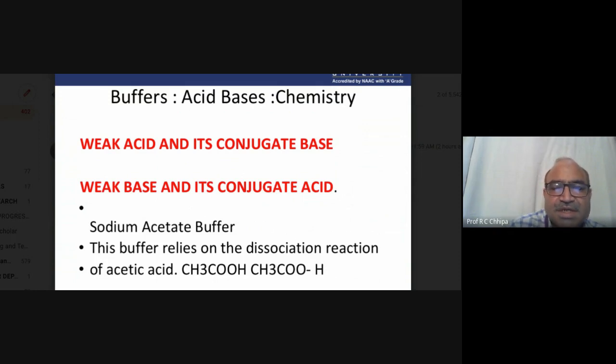Before going to dissociation or ionization, we have to consider what percentage of molecules are dissociated. If 100% dissociation is there, then hydrogen cations are more, and that will be a strong acid.